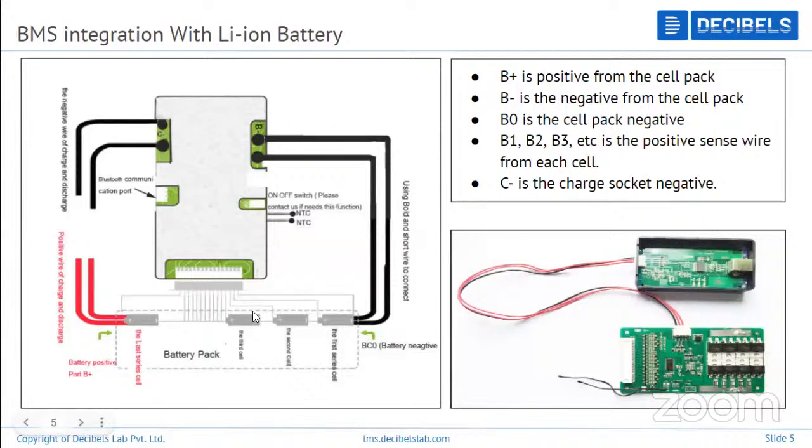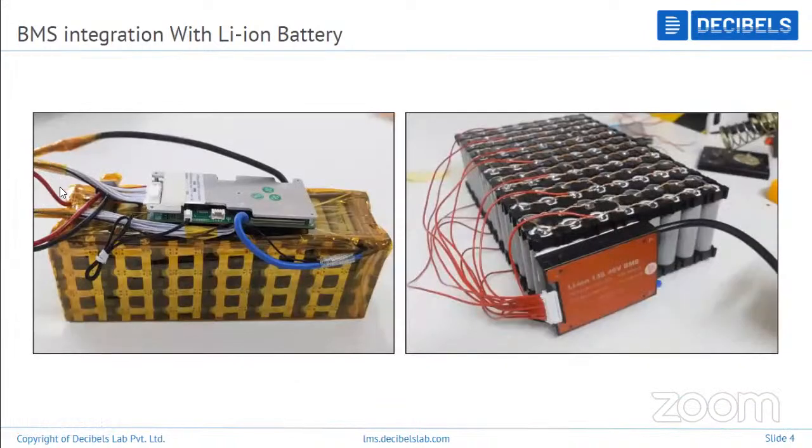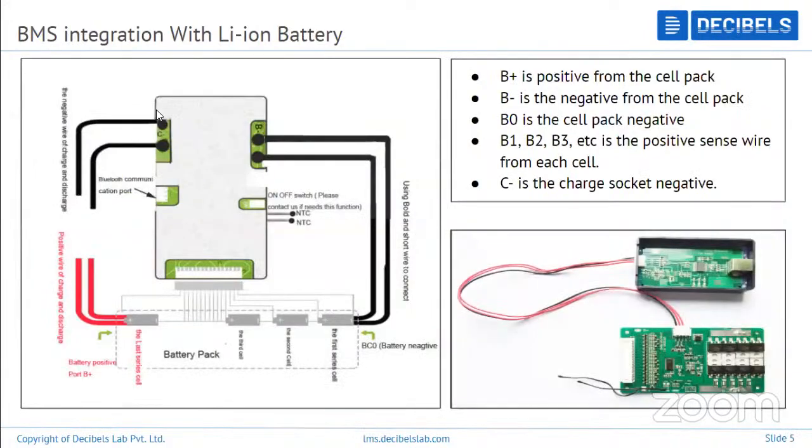Then once this series connection is done, as I mentioned, you just take the positive part directly from the battery pack, and you collect the charge negative and discharge negative from the BMS, and you have the two ends which will be directly connected to the load. You have the positive end and you have the negative end here, right?